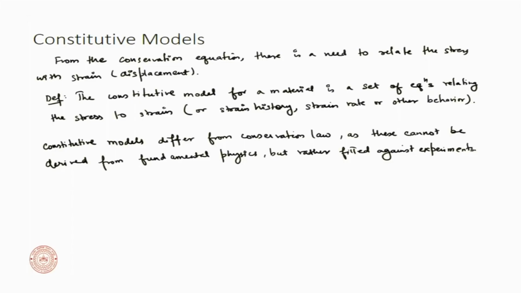So, we do experiments, we measure the stress, we measure the strain, and we see how they are correlated in different directions. Now, there are two general requirements for this. First is that it should obey the laws of thermodynamics. It's very obvious.